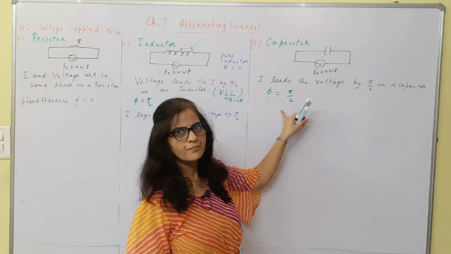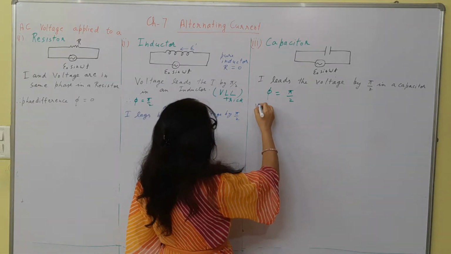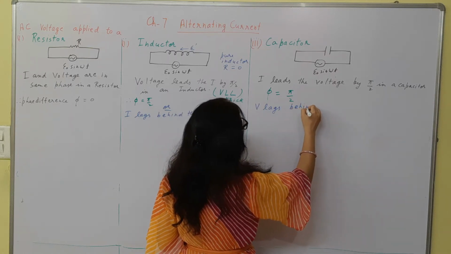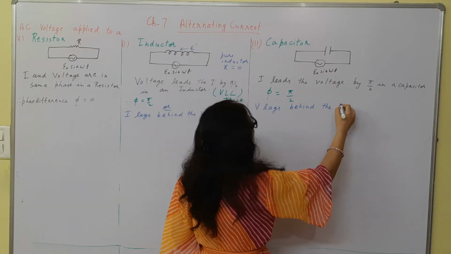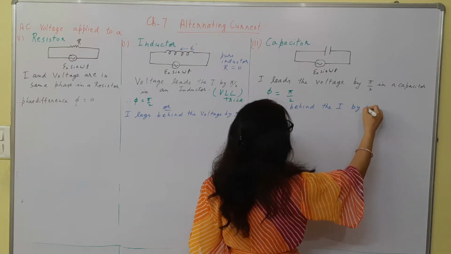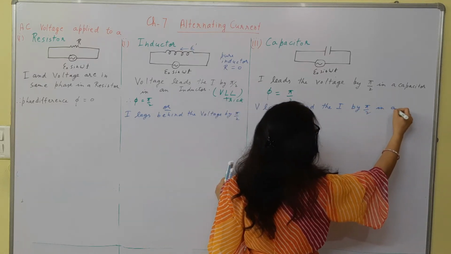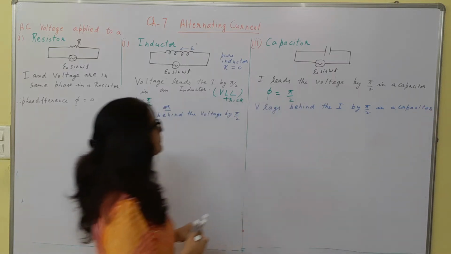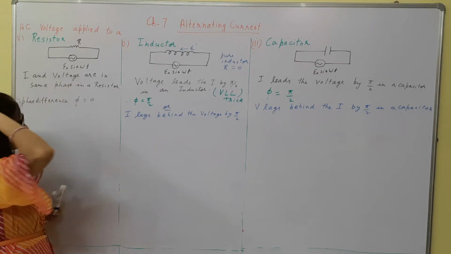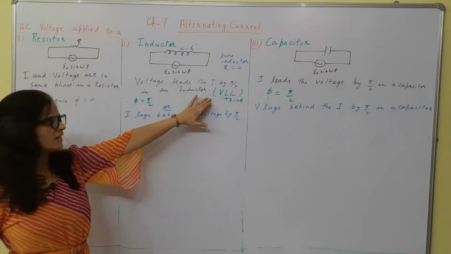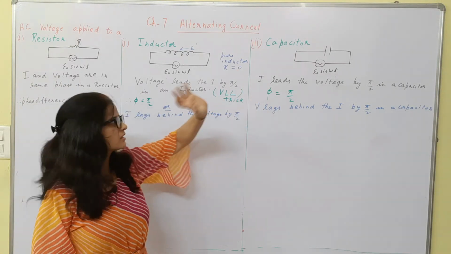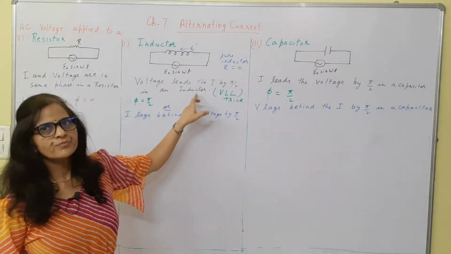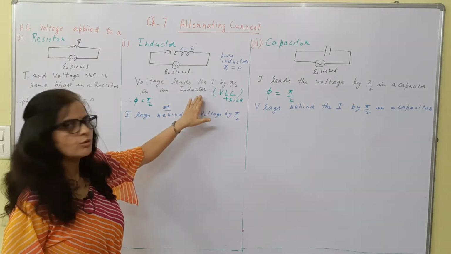In this case, voltage lags behind the current. So remember any one thing, you will be able to frame the other things. So if you remember VLL, you will be able to frame this statement for capacitor because this is reverse of this, and a lag statement can be framed if you know this statement.